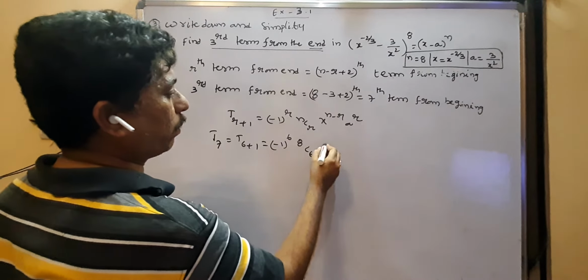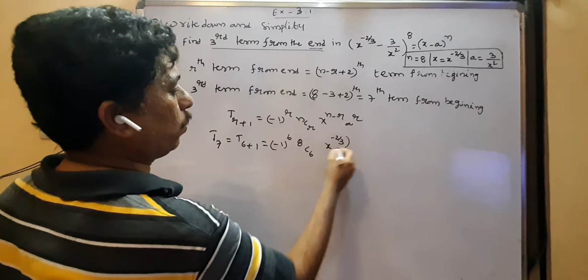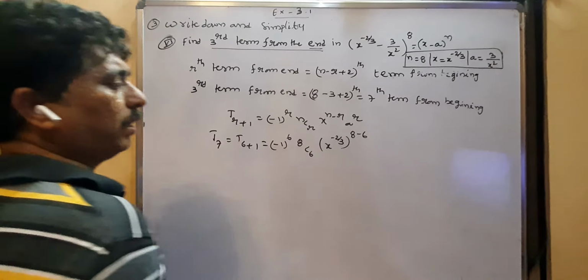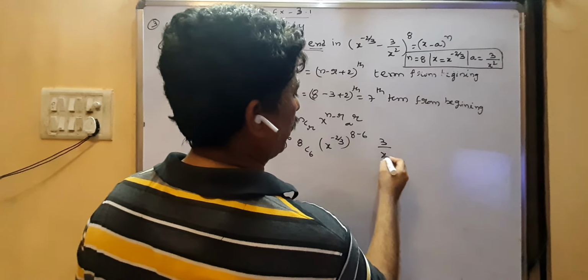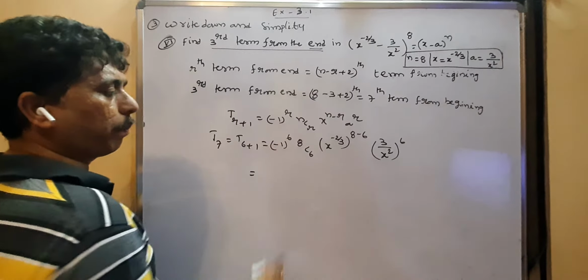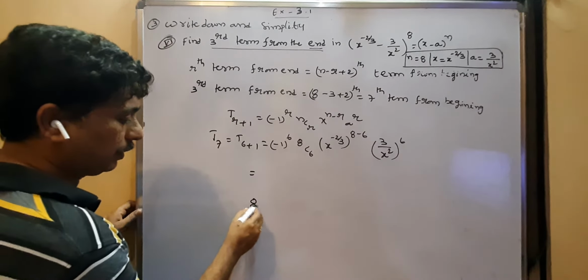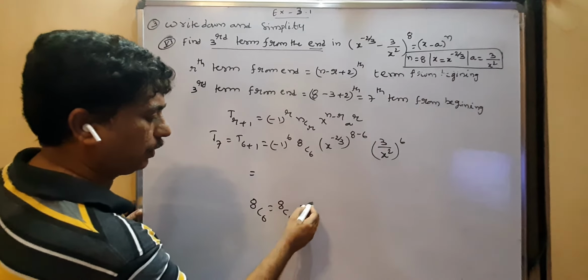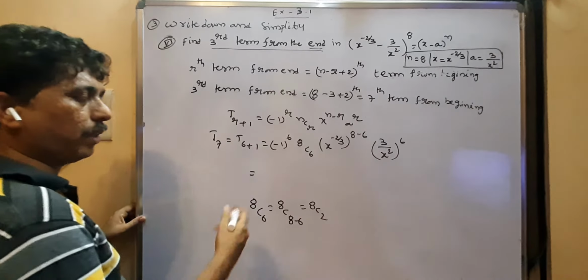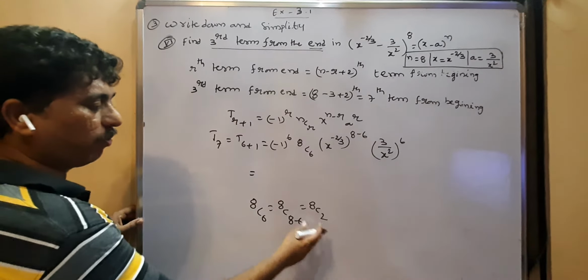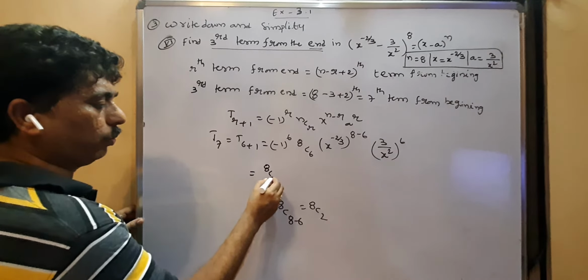X means x power minus 2 by 3, whole power difference of the both, 8 minus 6. A is 3 by x square, whole power 6. That is minus power even number, plus. 8C6 means 8C8 minus 6, that is 8C2. 6 is more than half of 8, so you have to apply the formula logic, 8C2.